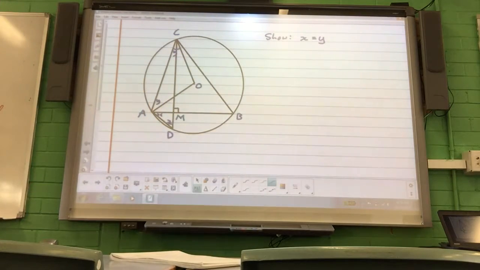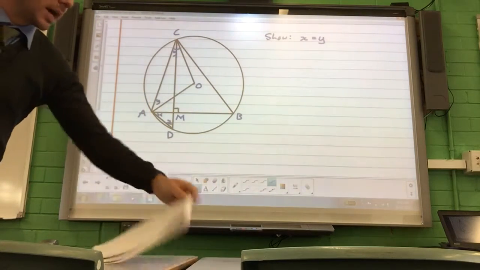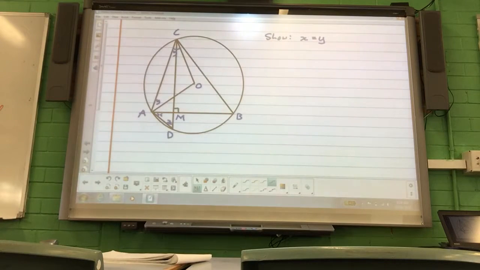Because a diagram looks complicated, doesn't mean it will be. OAC.